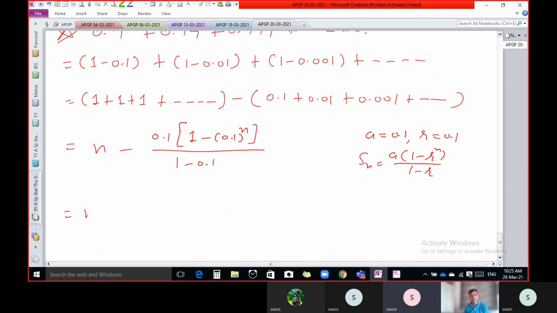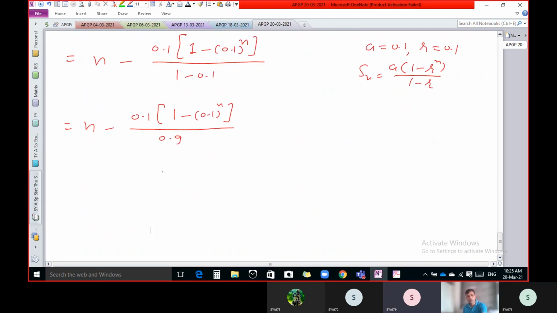So keep this n as it is, this 0.1 as it is, and 1 minus 0.1 is 0.9. Now this 0.1 and 0.9 you can cancel, so we get here 9. So we get n minus 1 minus 0.1 raised to n upon 9. This is my answer for this question.